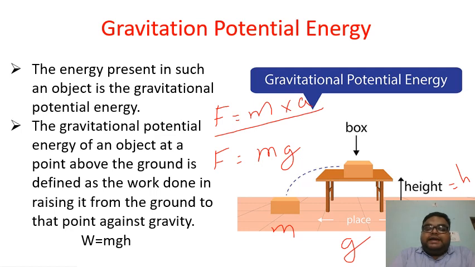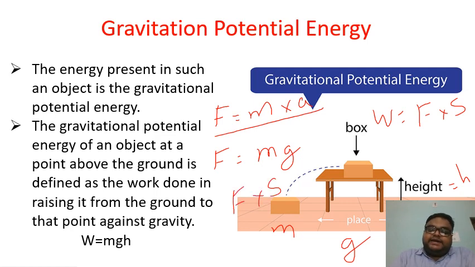To calculate the gravitational potential energy, we have to calculate the work done, because energy is nothing but the ability to do work. The formula for work done is F into S, or force into displacement. So the gravitational potential energy we can write as force into displacement.